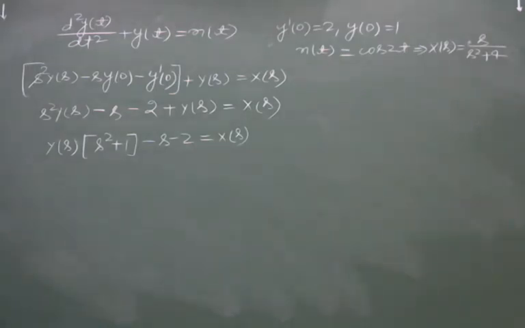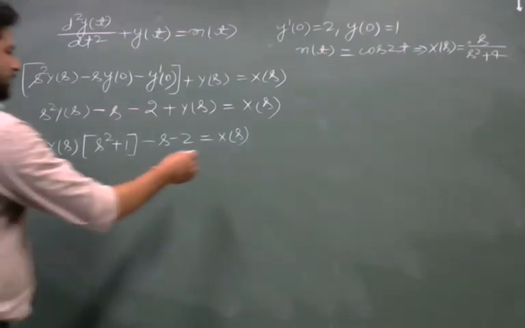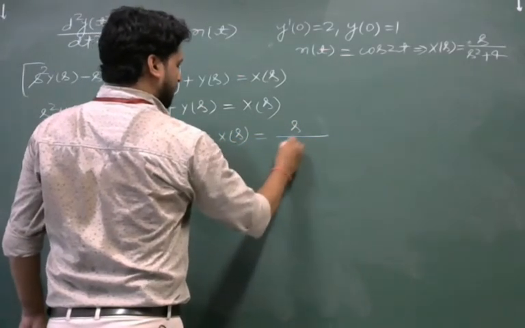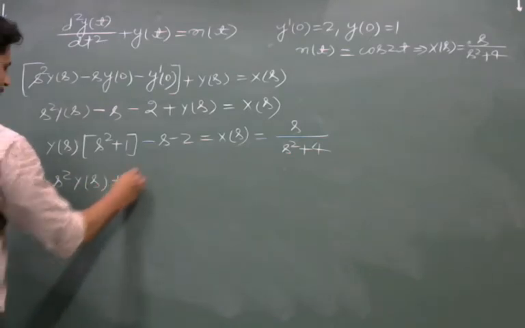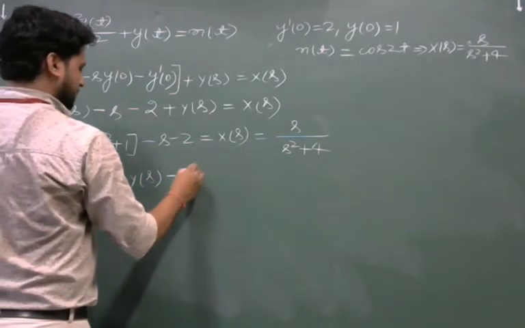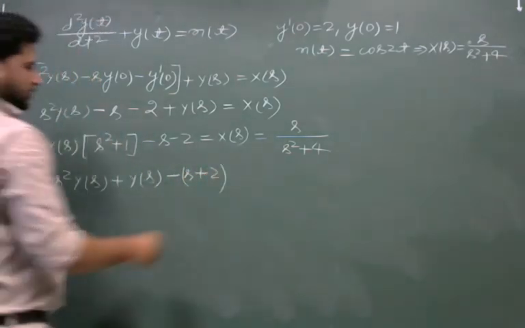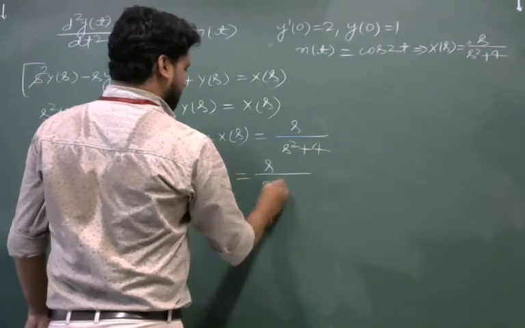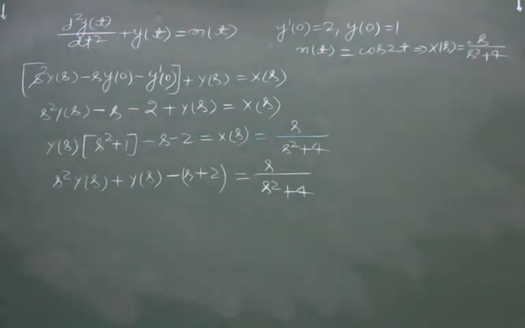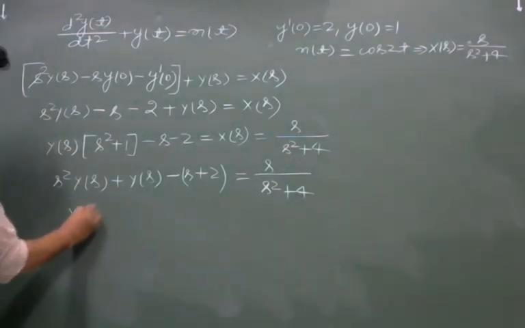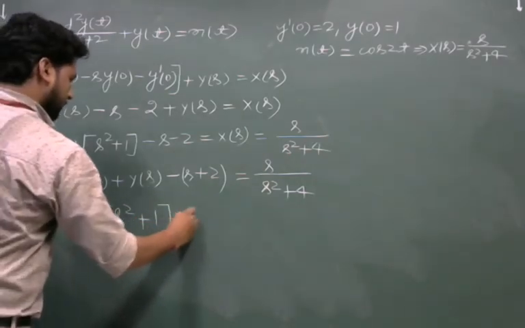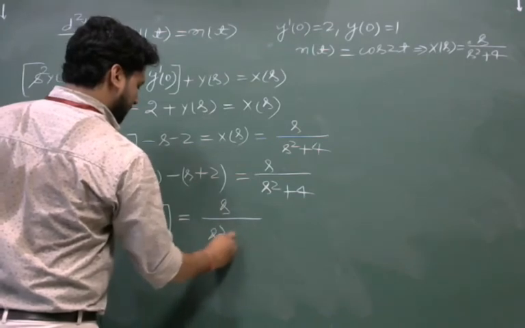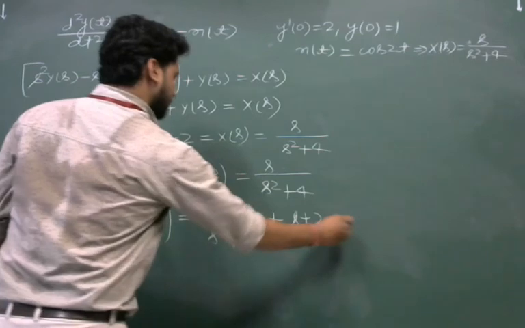So after putting all the initial conditions, this will become s square y of s plus y of s minus s plus 2 is equal to s upon s square plus 4, or this y of s into s square plus 1 will be equal to s upon s square plus 4 plus s plus 2.